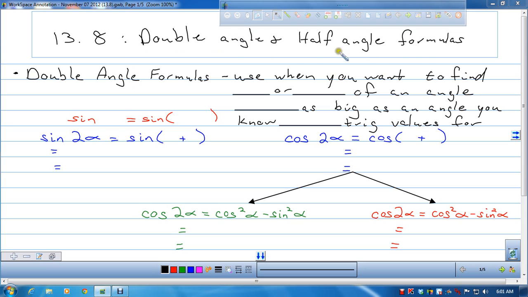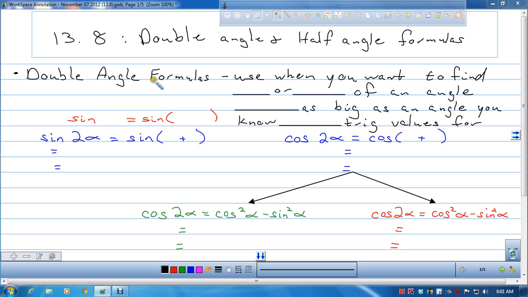So we're going to do the same thing, only instead of adding or subtracting different angles, we're going to either double them or take half of them, and we'll develop some formulas here to show you that.